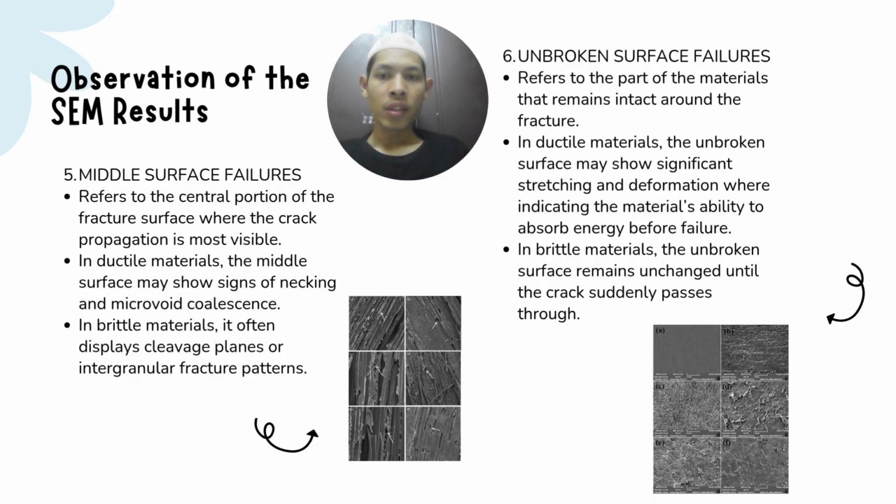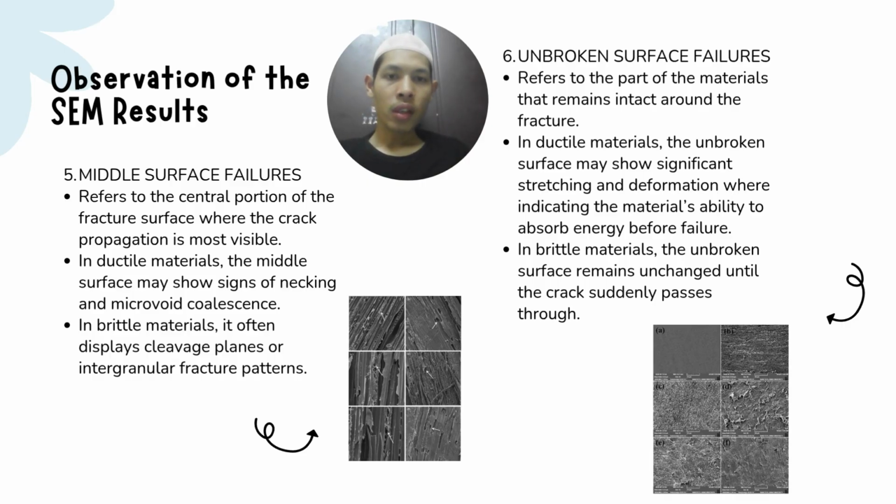Observation of the SEM result. Fifth, the middle surface failure refers to the central portion of the fracture surface where the crack propagation is most visible. In ductile material, the middle surface may show signs of necking and microvoid coalescence. In brittle materials, it often displays cleavage plane or intergranular fracture patterns.